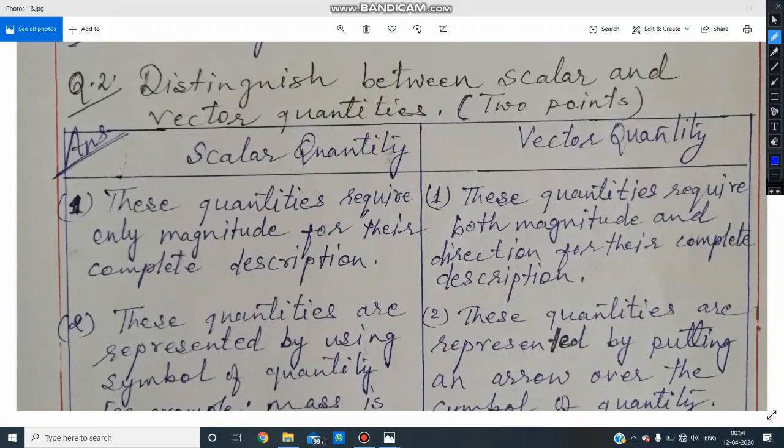The difference is that scalar quantities require only magnitude for their complete description. On the other hand, vector quantities require both magnitude and direction for their complete description. This was known to you by the definition of these two quantities.